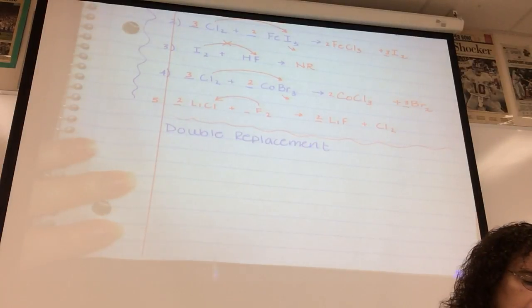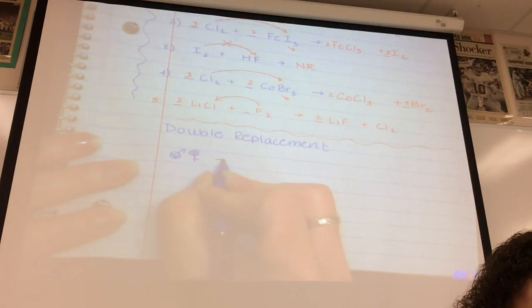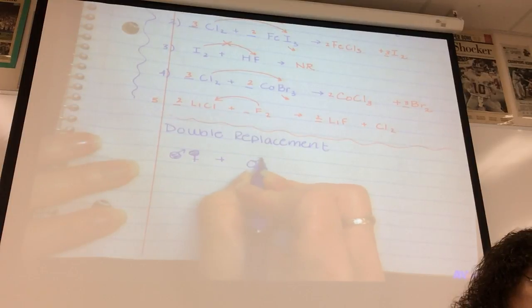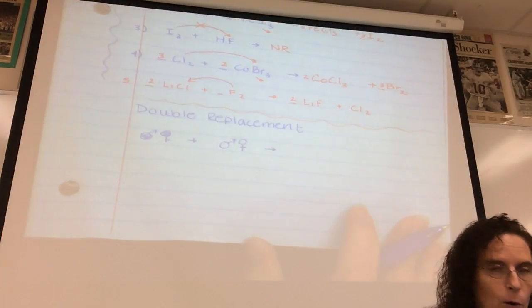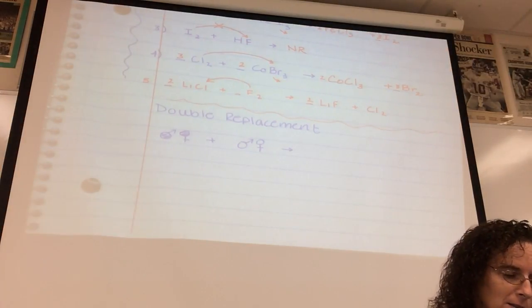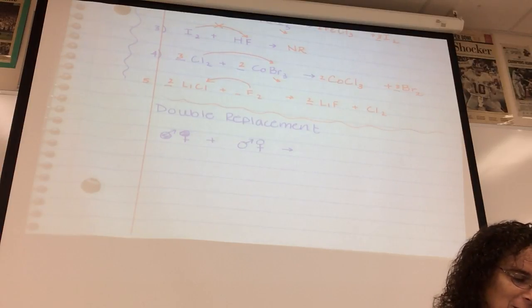You just switch partners. So for example, with double replacement, what you have here is a boy and a girl. This sometimes happens at a wedding, like parents are dancing and then they want to make nice to the in-laws, so they switch.